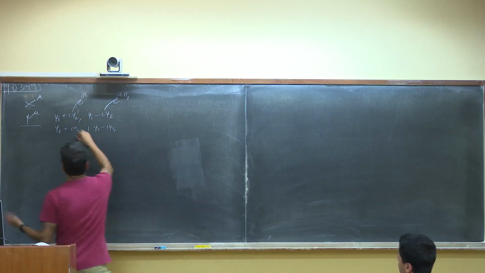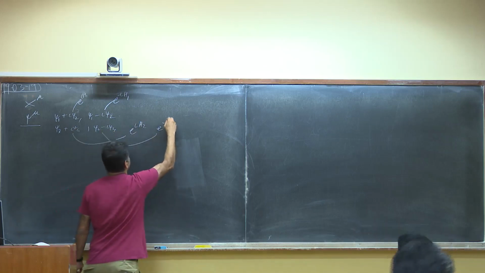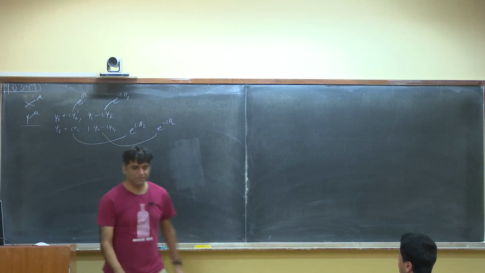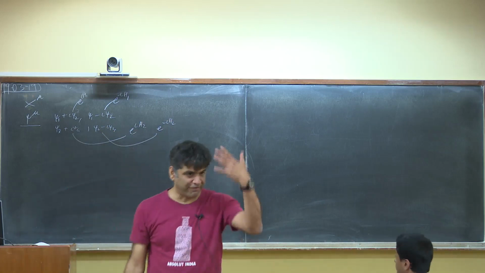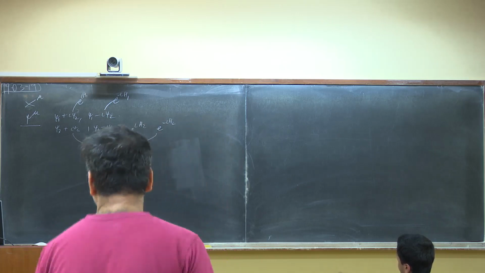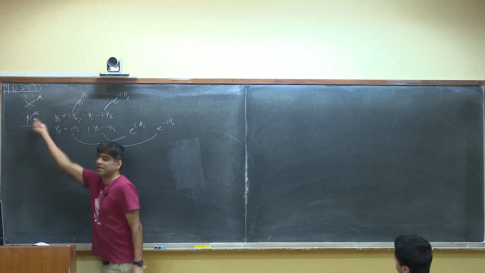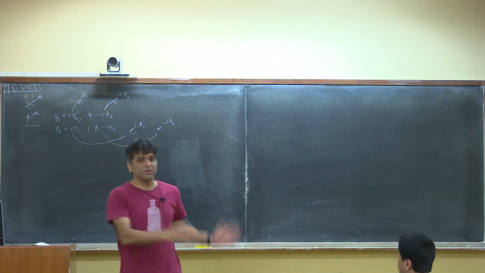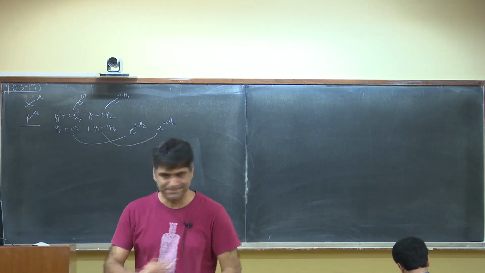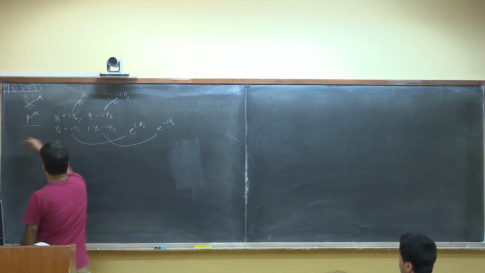This guy is e to the power i h2, this guy is e to the power minus i h2, and so on. So we have 5 bosons, h1, h2 up to h5, that we can use in place of these 10 fermions, both separately on the left and on the right.